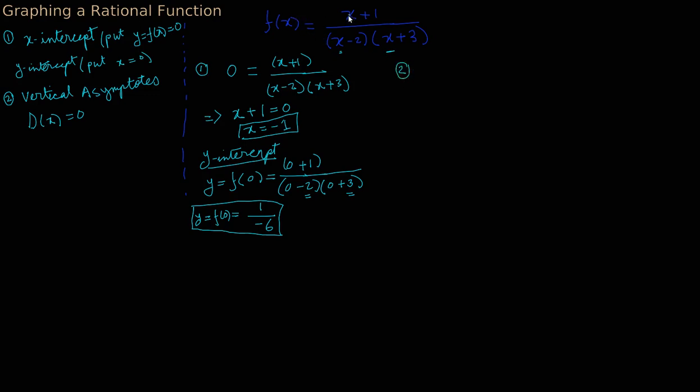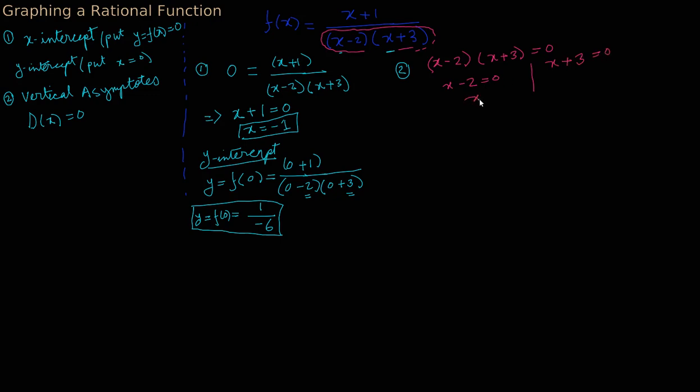In this case, what is my denominator? My denominator is this whole thing. So I am going to equate x minus 2 multiplied by x plus 3 equal to 0. So I get x minus 2 equal to 0, and x plus 3 equal to 0.